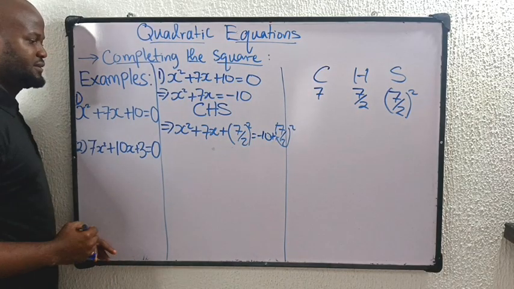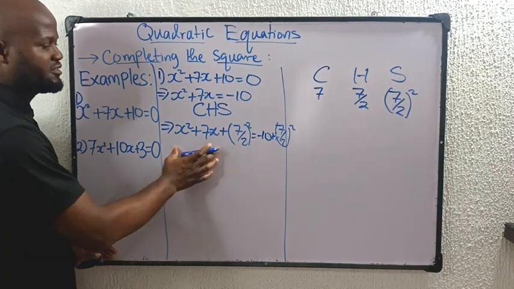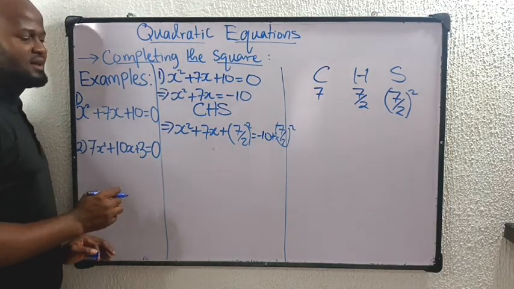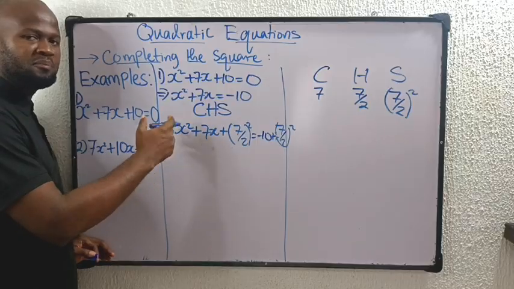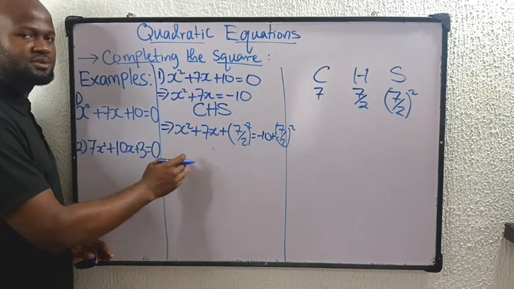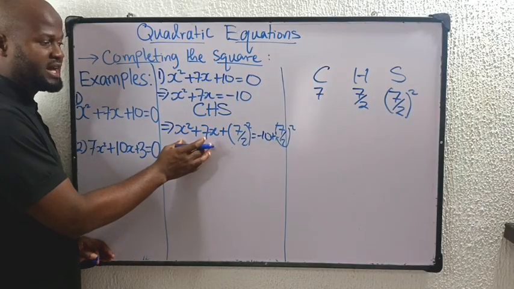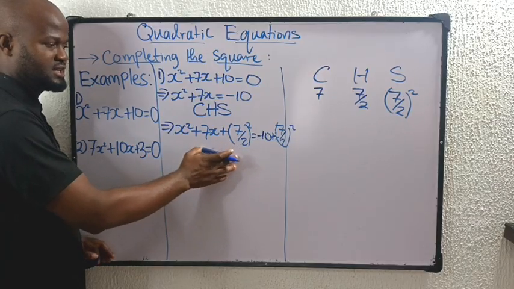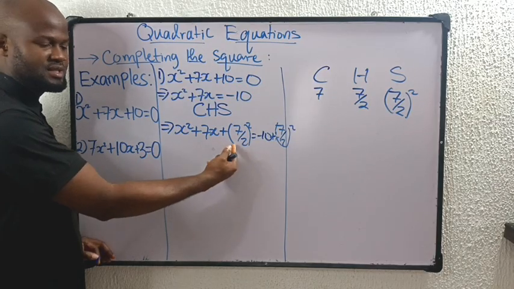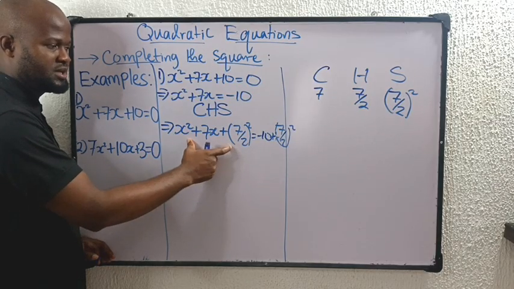All right, so what do we have here? Now, this has become a perfect square quadratic expression. So we have created a perfect square expression by completing the square. In another class, I'm going to explain how this works.